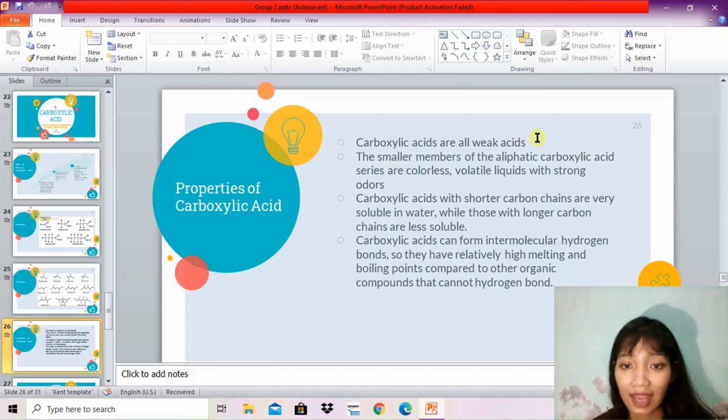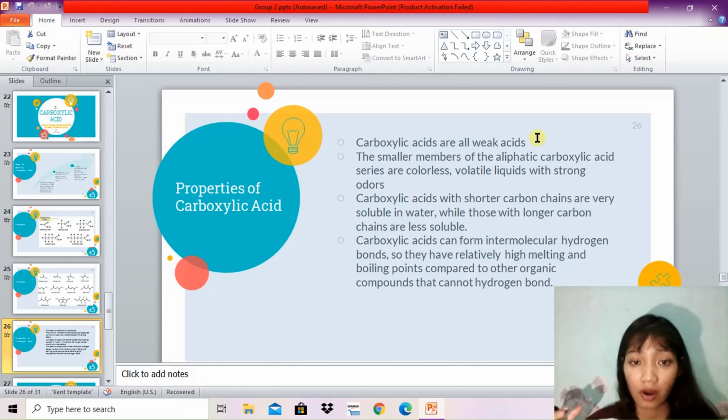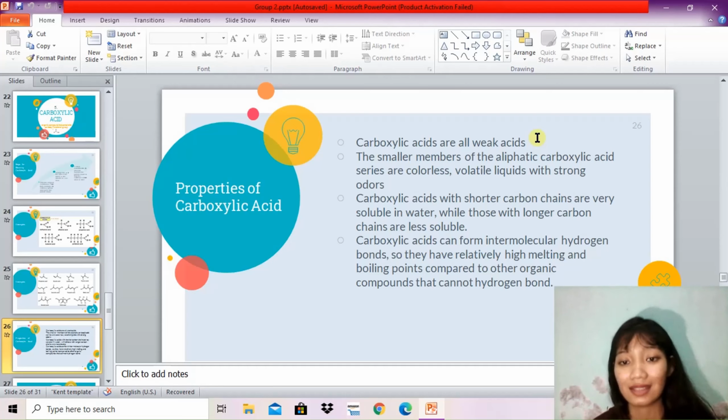Carboxylic acids with shorter carbon chains are very soluble in water, while those with longer carbon chains are less soluble. Carboxylic acids can form intermolecular hydrogen bonds, so they have relatively high melting and boiling points compared to other organic compounds.